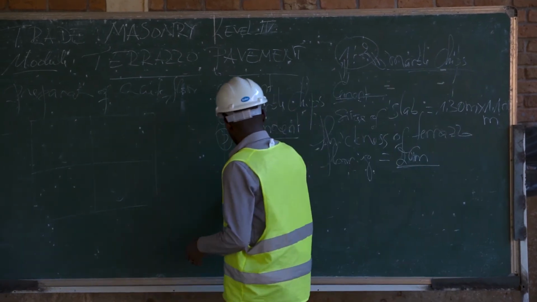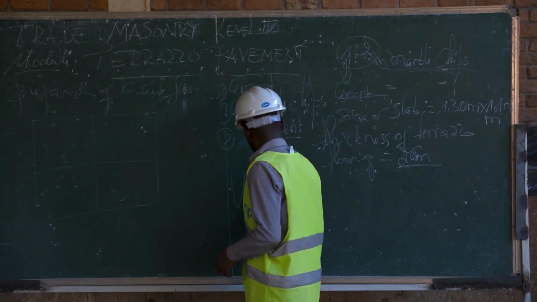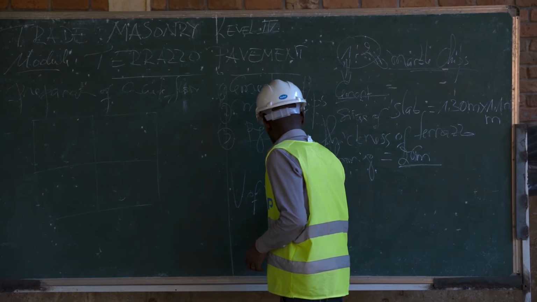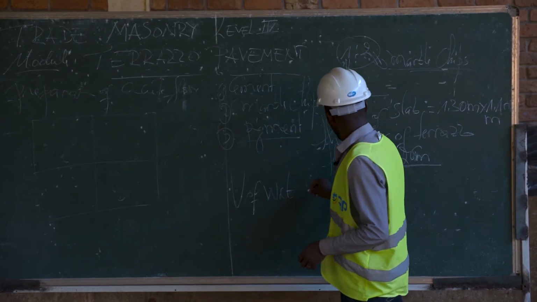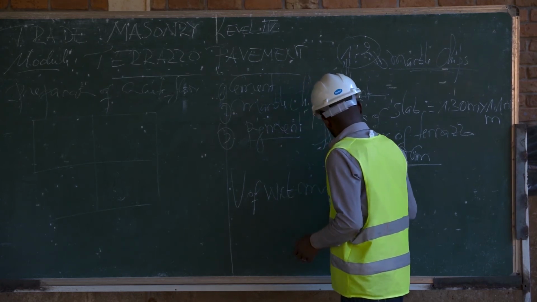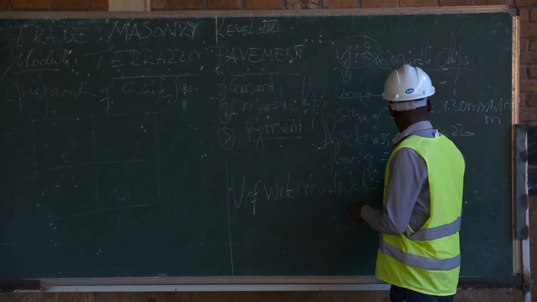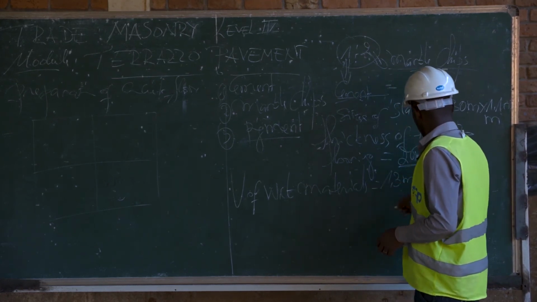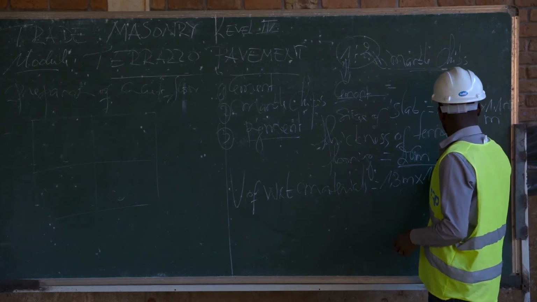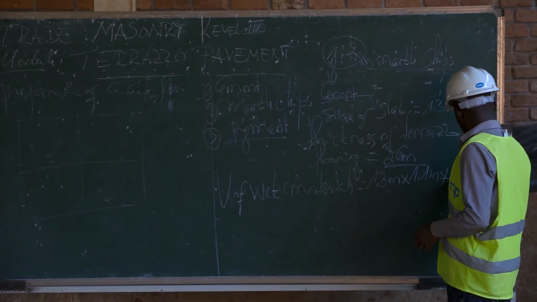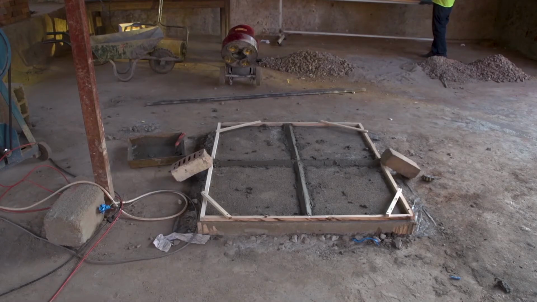Then the volume of wet terrazzo material is equal to 1.3 meter length times 1.1 meter width times 0.02 meter depth.